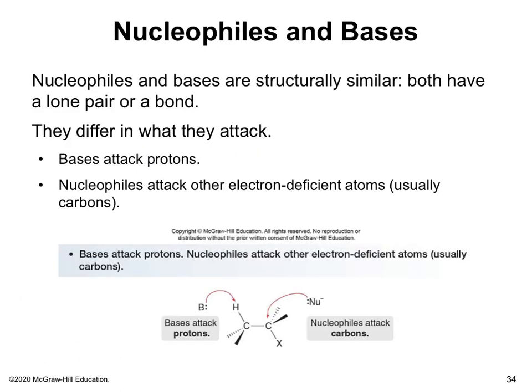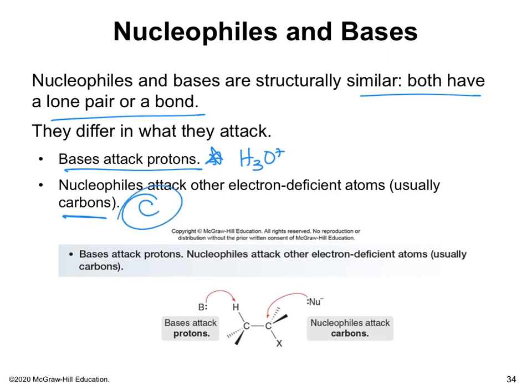Okay, so nucleophiles and bases, they're very similar. They both have a lone pair. Bases will attack protons. So they go after the H3O plus. They go after the proton. Nucleophiles will attack usually the carbons. That's what you care about here. This is showing you if you have a nucleophile, it's going after the carbon.